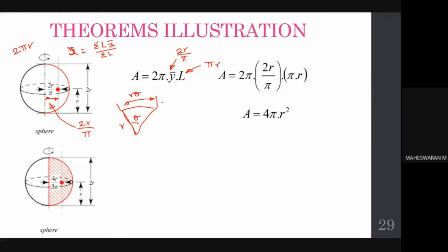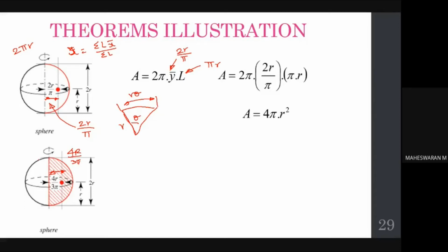Similarly, if I want the volume, you have to consider an area. We already discussed that your x bar is 4r by 3 pi. That is the formula for the centroid location of a particular area.